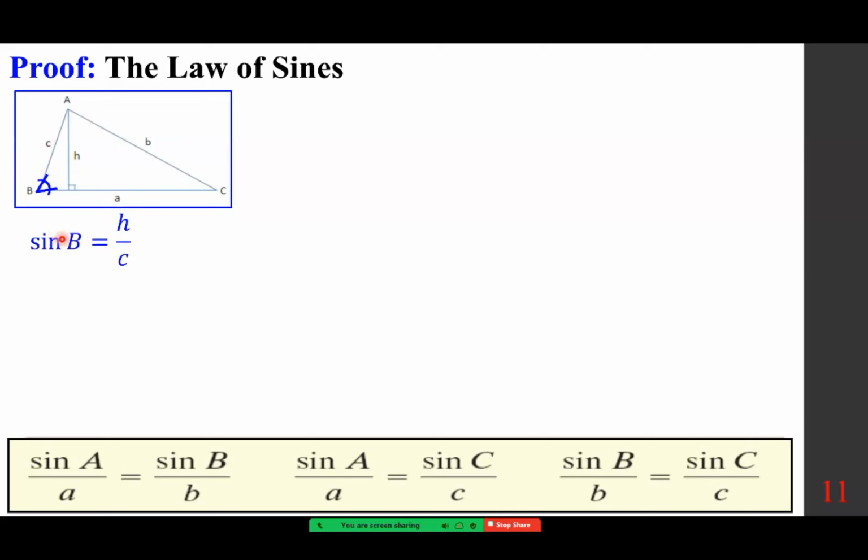The product of these two, because of the cross product. So H becomes C sine B.